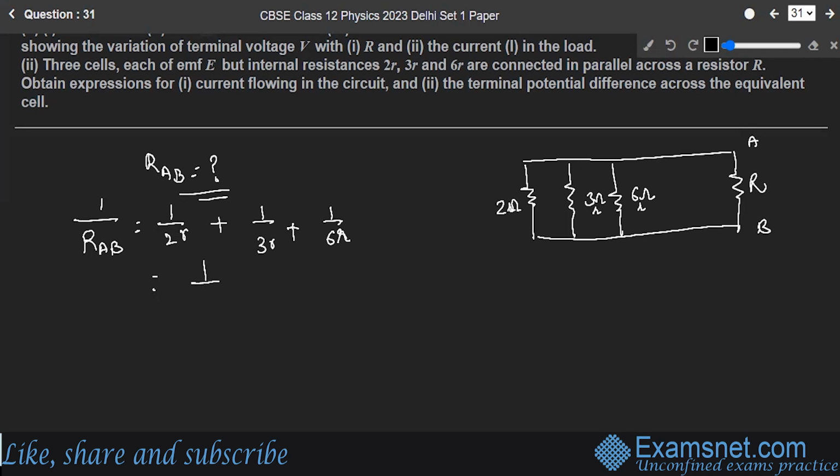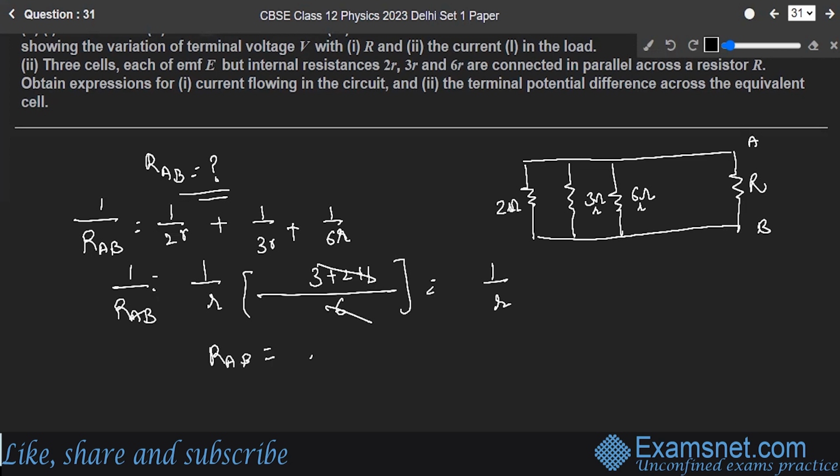So this will be equal to 1 upon r. I'm taking outside 6r, 3 plus 2 plus 1. This is equal to 1 by r because this is 6 and 6. This will cancel. So r_AB will be equal to r. This is the equivalent internal resistance.